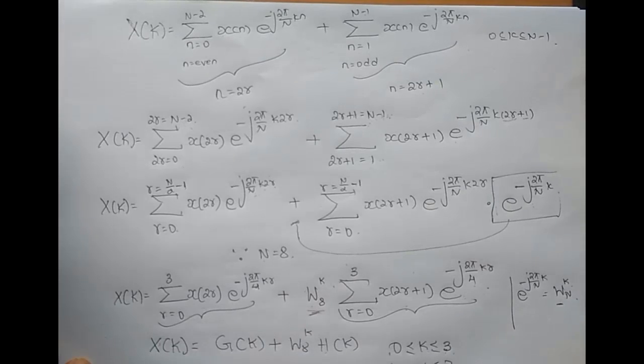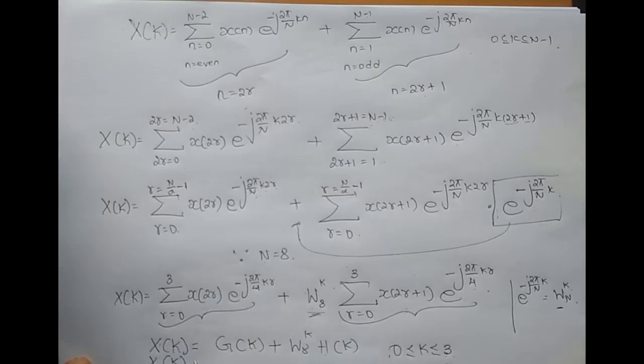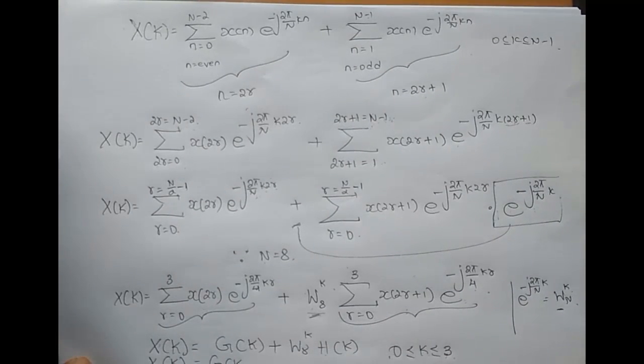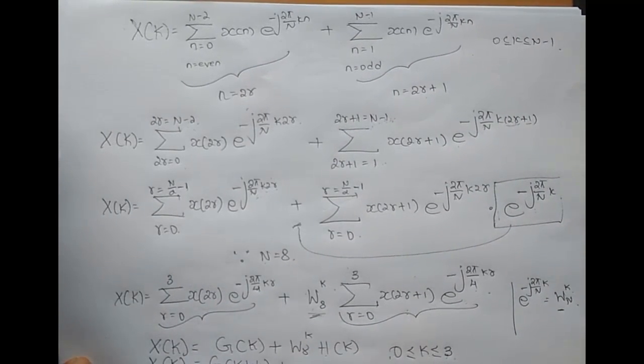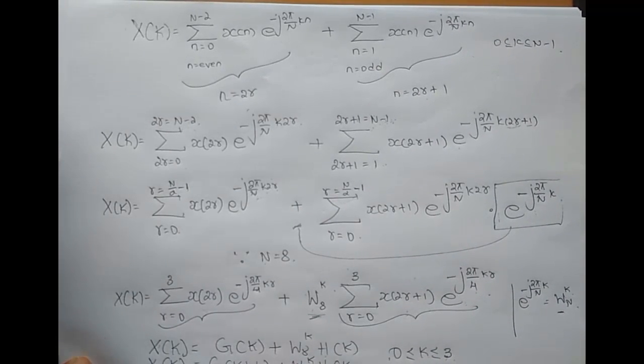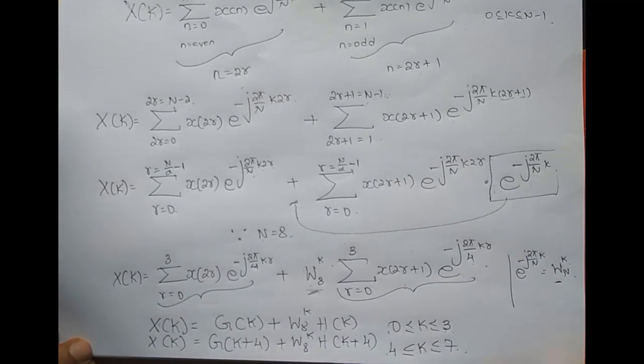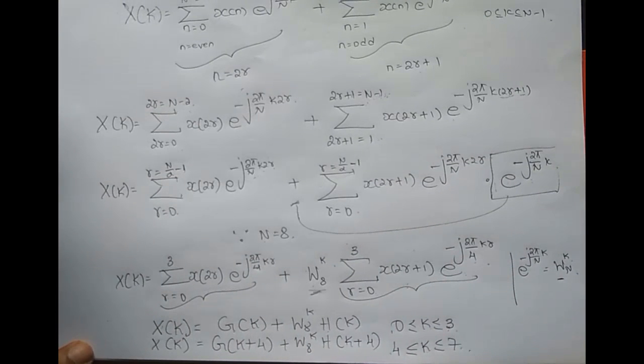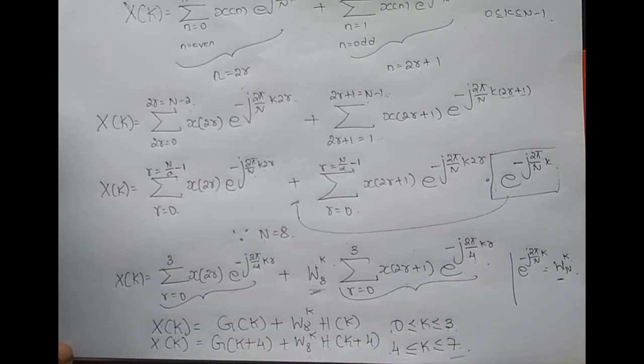For k varying from 4 to 7, I can write x of k is equal to g of k plus 4 plus w8 power k into h of k plus 4. So how did I write this? I will let you know in the next video.